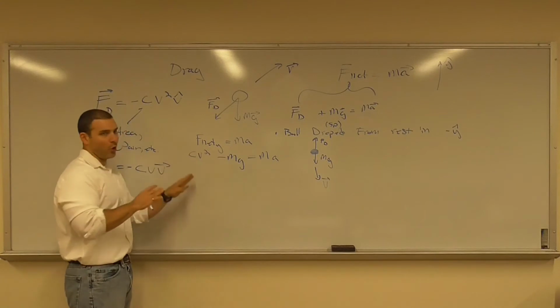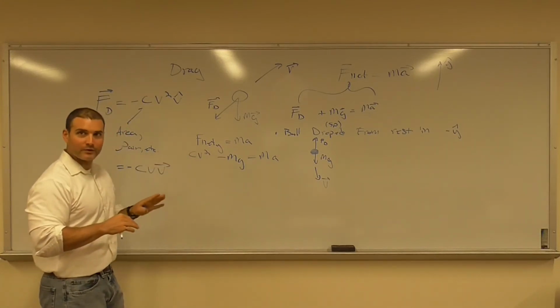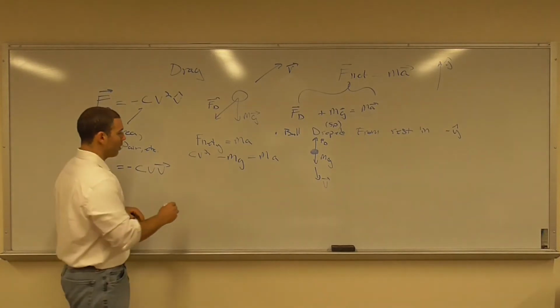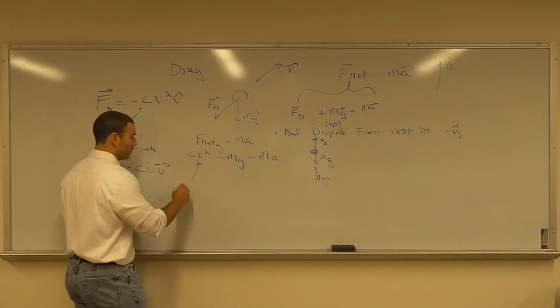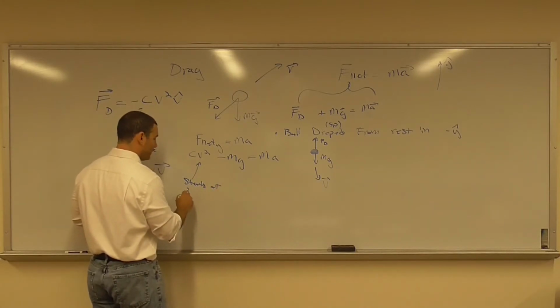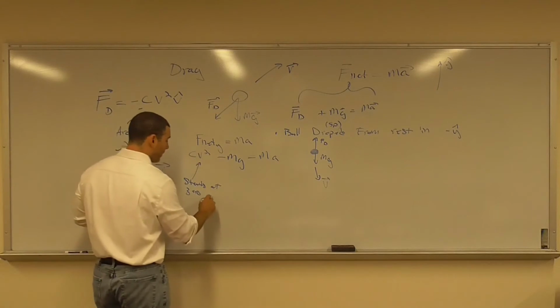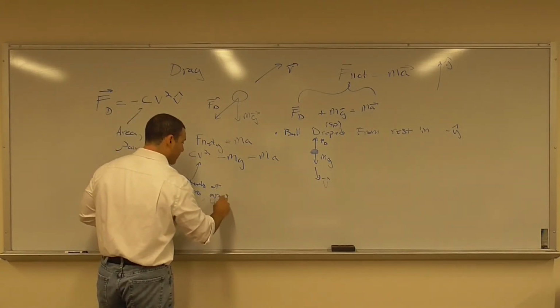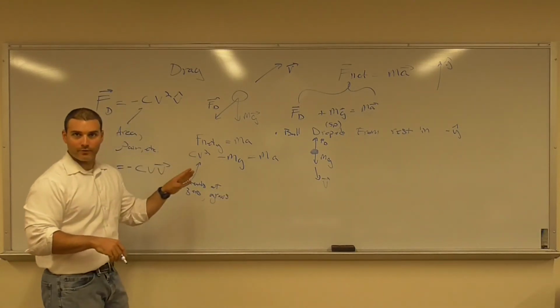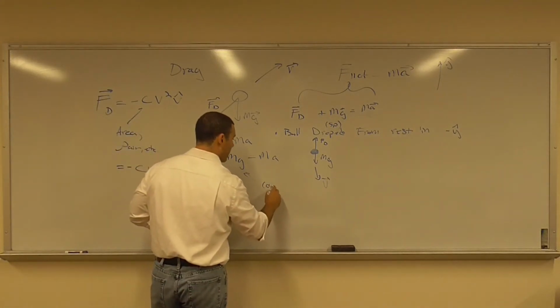Now, we're not going to solve it right now, but I just want to point to a couple things here. First of all, this term starts at 0, because initially the speed is 0, but it grows. And it's always going to be positive. This term is constant.